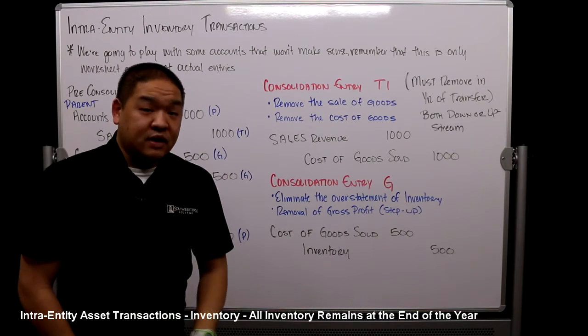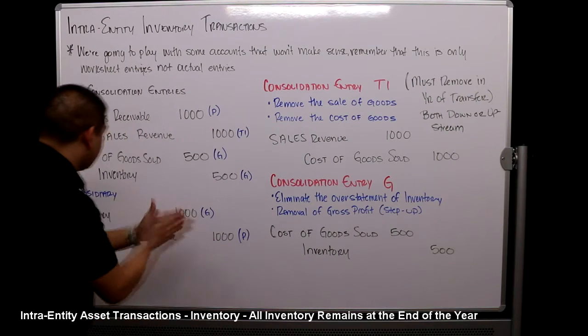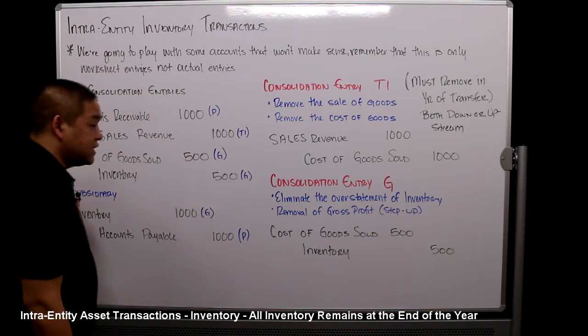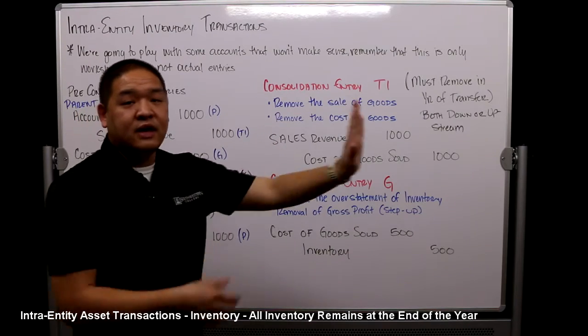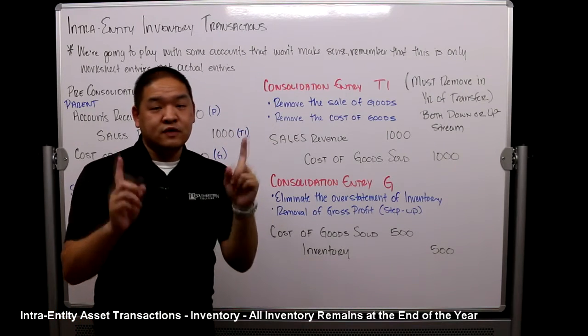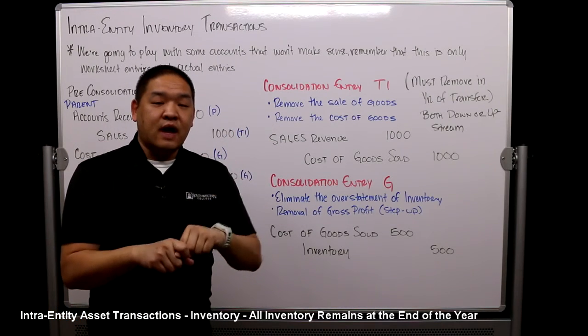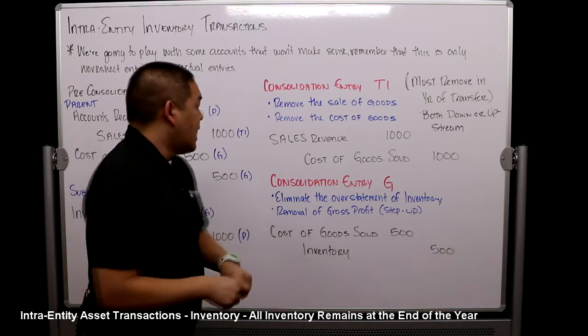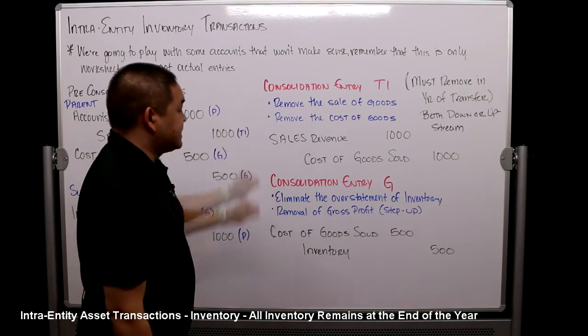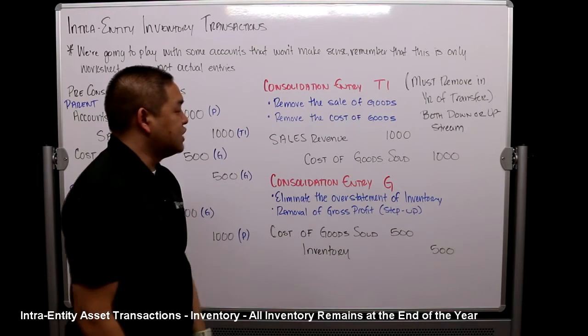So typically what we would do in a consolidation is add up all of the parent's accounts and all the subsidiary's accounts on a worksheet, and then add them together. Consolidation Entry TI removes those sales between them, and removes those costs of goods sold between them. Okay, so we're going to remove the sale of the good and we're going to remove the cost of the good.